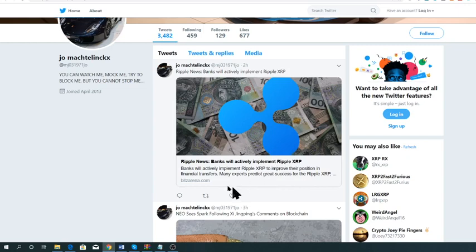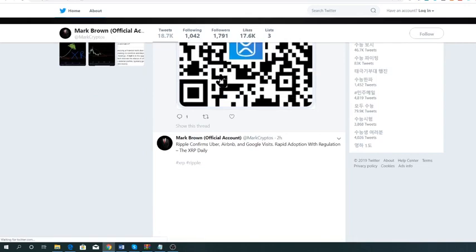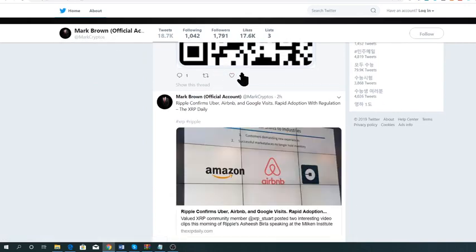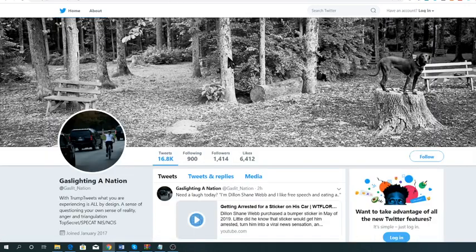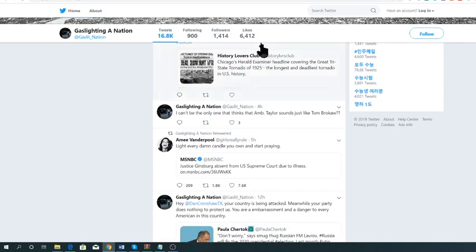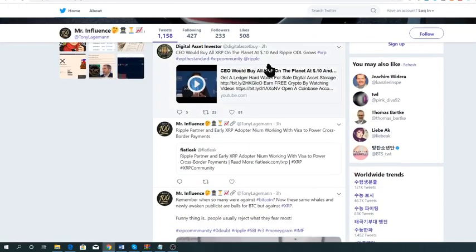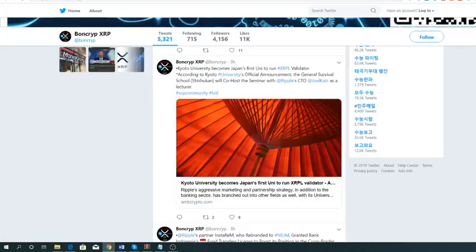Now, this article shows you that Ripple banks are going to actively implement XRP. I don't think they have another choice, because if there is a liquidity crunch, which is happening right now, then yeah, obviously they don't have another option. You know, they can take back their money from Nostro Vostro accounts and then use it, because if they need liquidity, they don't have any other choice.